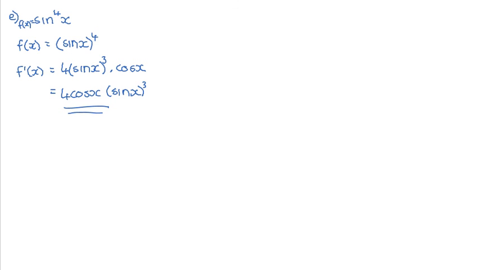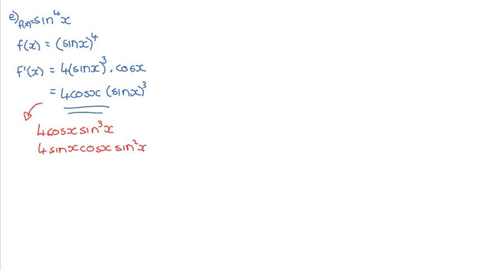And then just bear in mind that there's a couple of things you could do with this as well, depending on what the question's asking you to do in future. I could end up with 4 cos x sine cubed x like that. Something like 2 sine x cos x is just sine 2x, so I could have something like 4, bring one of the sine x's out of that cube, cos x, and then sine squared x.